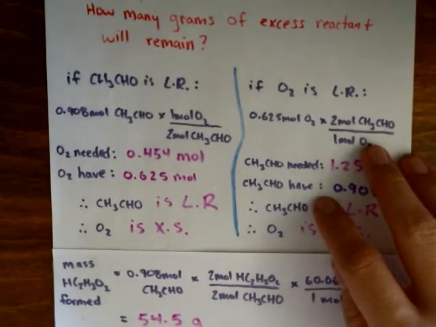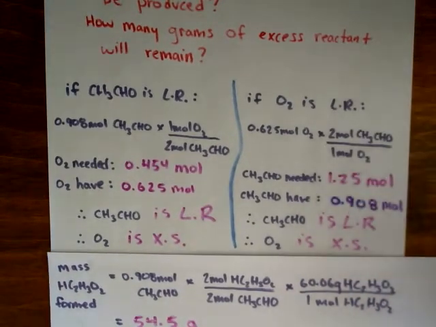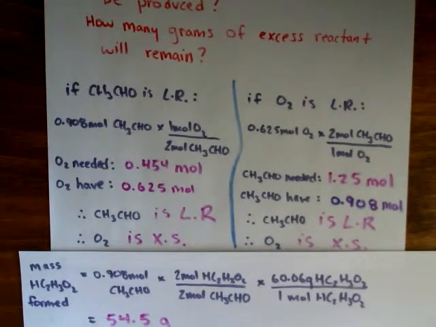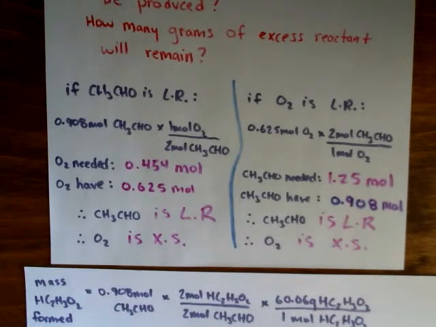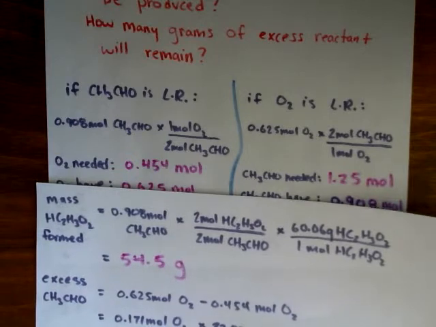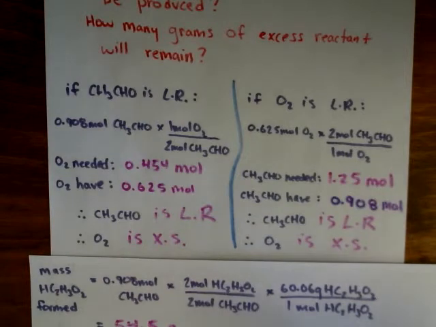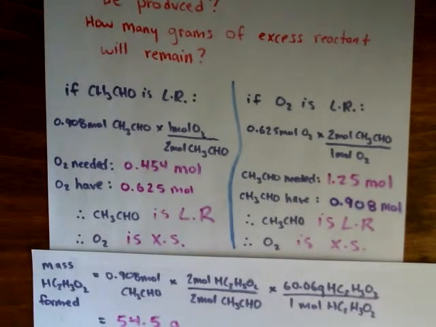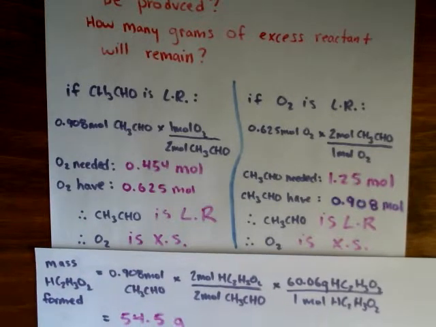In order to determine the excess amount of oxygen, we'll look at this calculation here, in which we calculated the stoichiometric amount of oxygen that would be required to completely react with the limiting reagent.